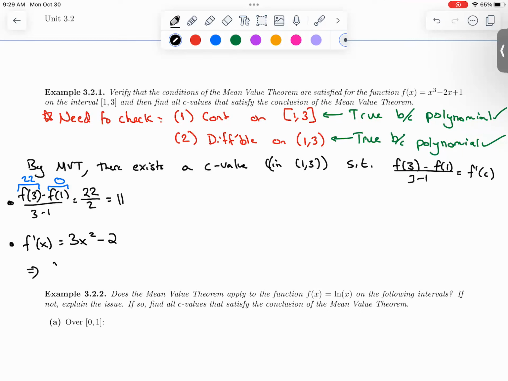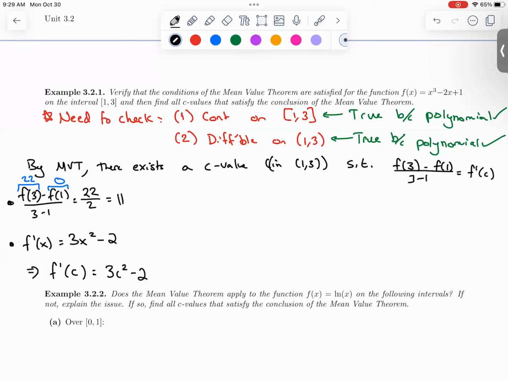So that means that f prime of c is 3c squared minus 2. And so now we set f of 3 minus f of 1 over 3 minus 1 equal to f prime of c.